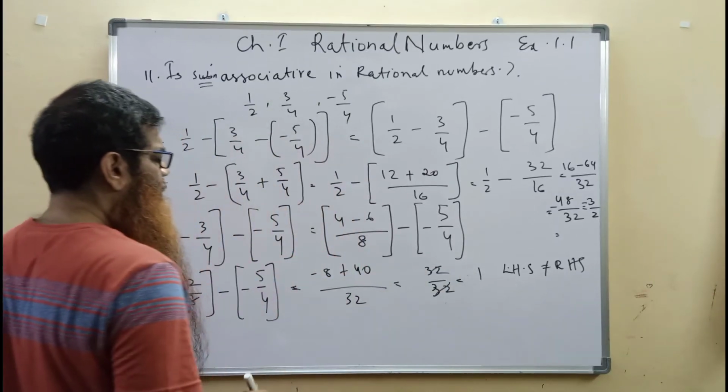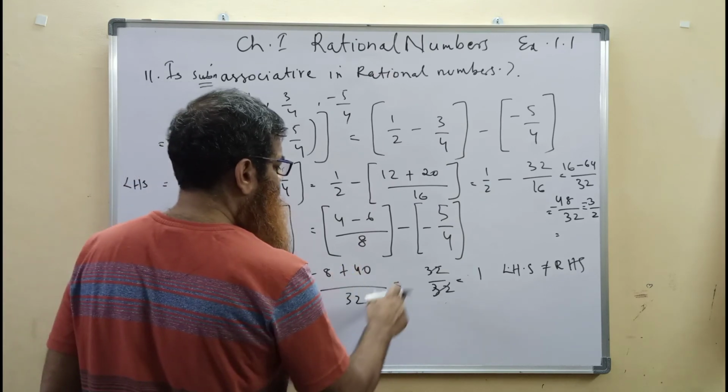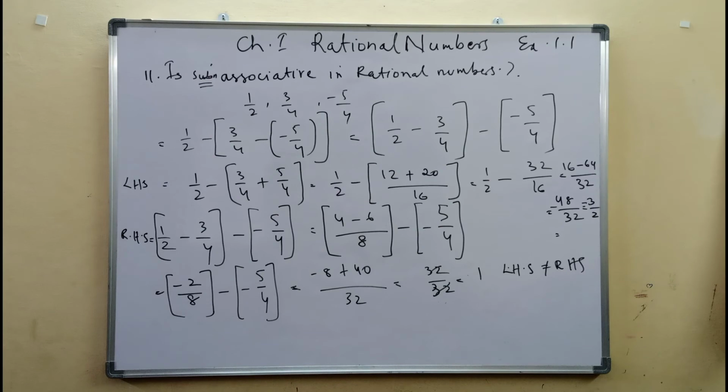Minus 8 plus 40 is 32, 32 by 32 is 1. It is not minus 1. On the left hand side we got minus 3 by 2, and on the right hand side we got 1. Both are not equal. So it proves that subtraction is not associative in rational numbers.